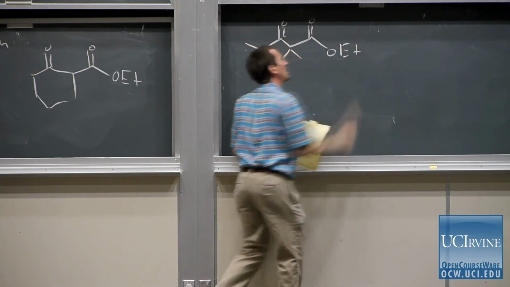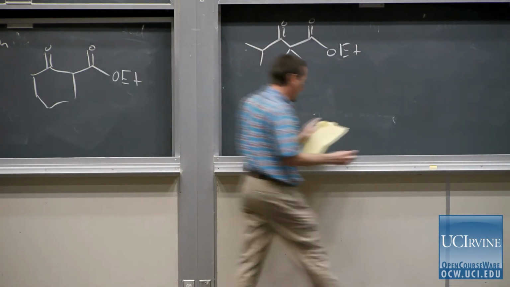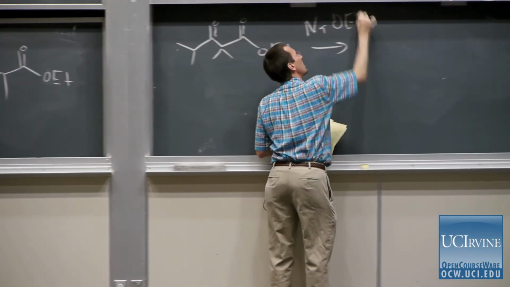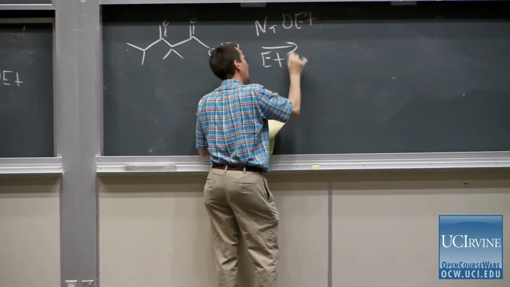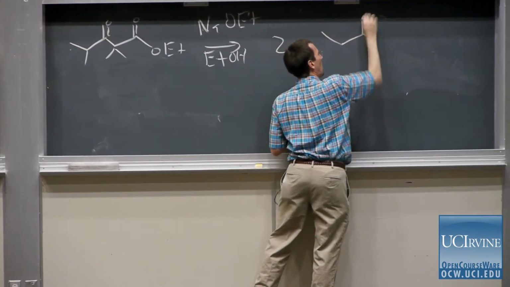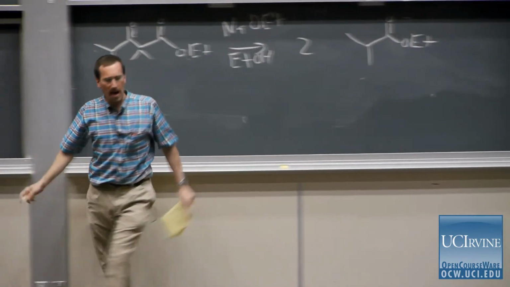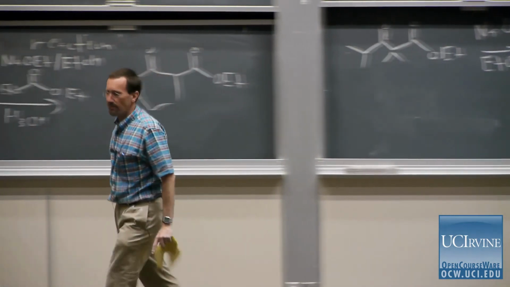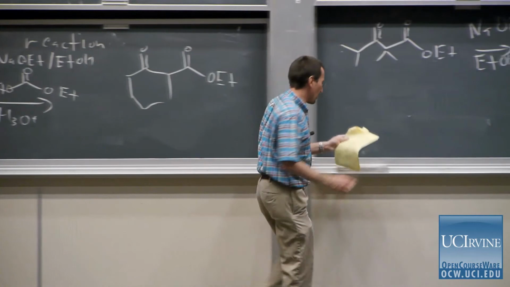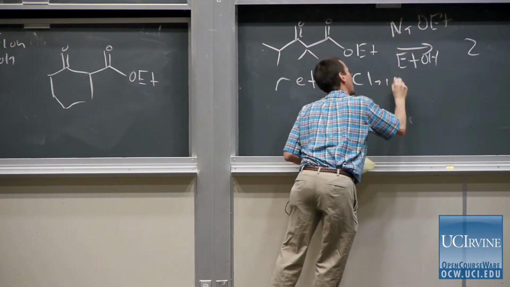In other words, if I take this hypothetical product and I somehow manage to make it, and there are other ways to make it, and I treat it with sodium ethoxide in ethanol, we end up breaking this product apart to 2 molecules of ethyl isobutyrate. It's the reverse of a Claisen reaction, and we call it the retro-Claisen reaction.